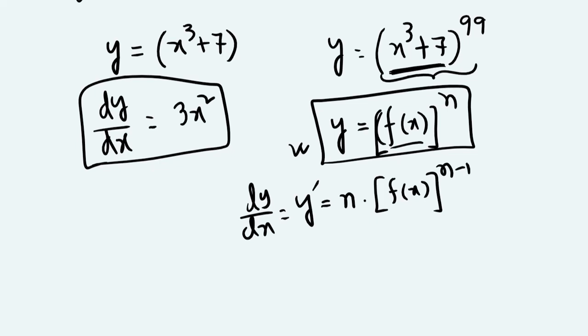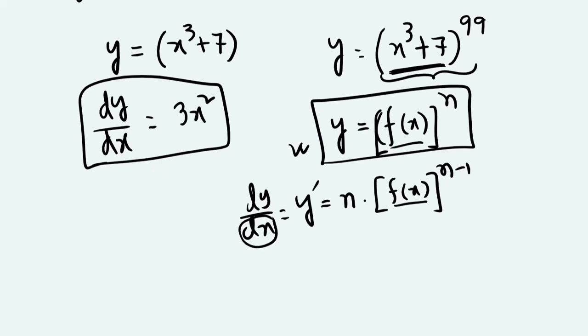So far, it looks exactly like the power rule. However, when you change the value of x, it also changes the value of f(x). Why? Because f also contains some term involving x. So if you change the value of x, it surely changes the value of f(x).